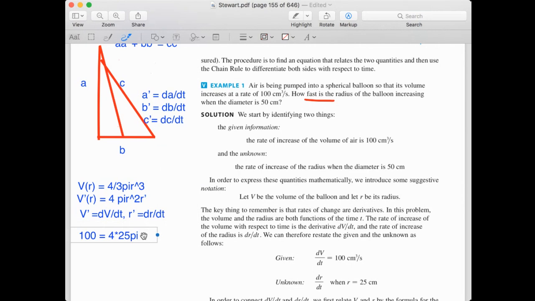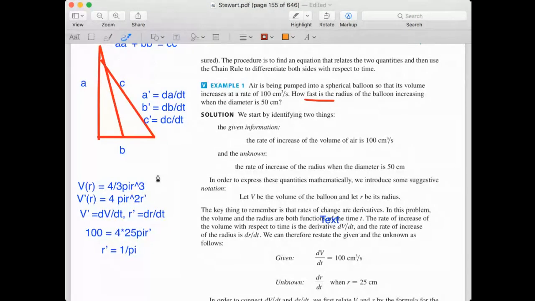Then we need to put R prime here because we're looking for R prime. Okay, then we solve for R prime because R prime is our only variable, right? So 100 divided by 100 on both sides, that's just 1. So we have 1 over pi. Okay, this is why we need related rates.